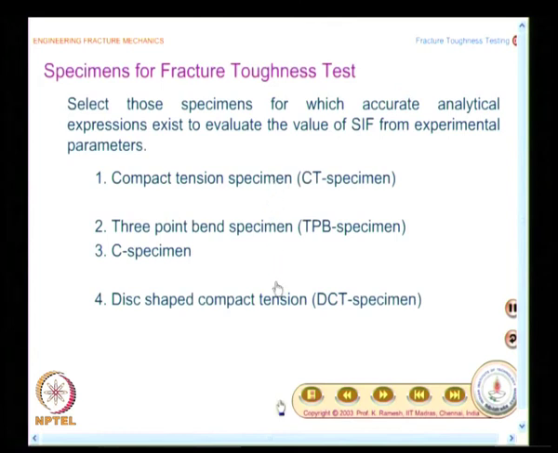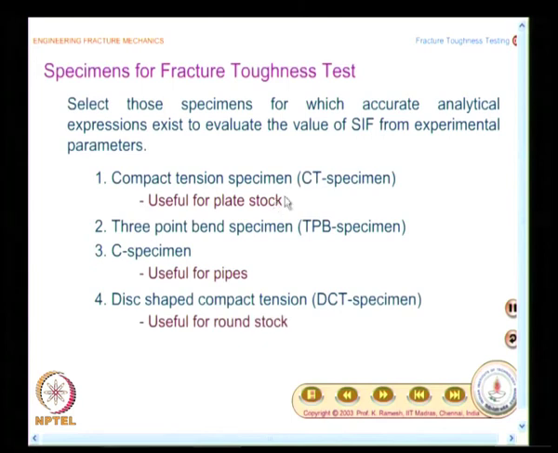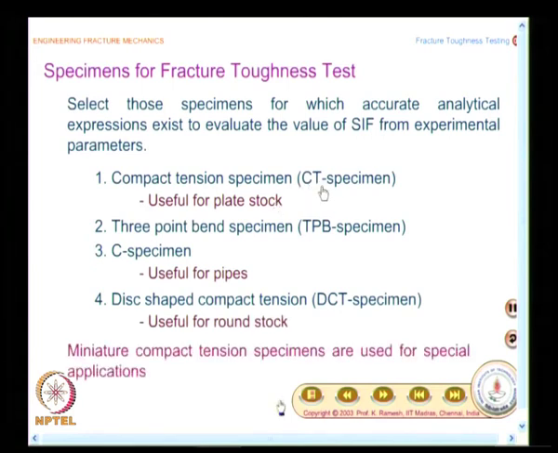Each of these specimens is used for a particular kind of application. You go for a CT specimen when you have a plate stock. When you have a pipe, go for a C specimen. When you have a round stock, go for a disc shaped compact tension specimen.